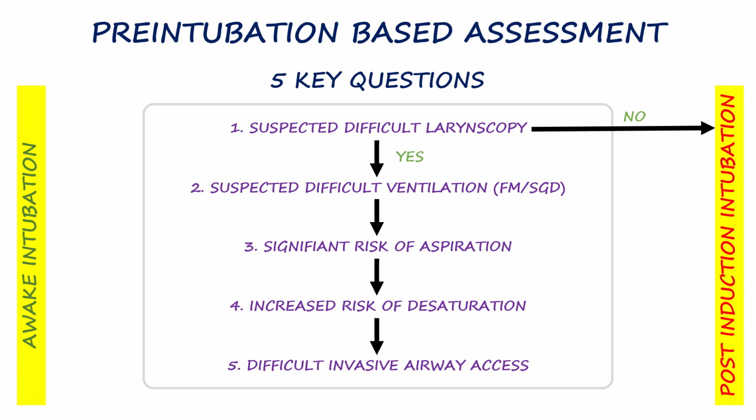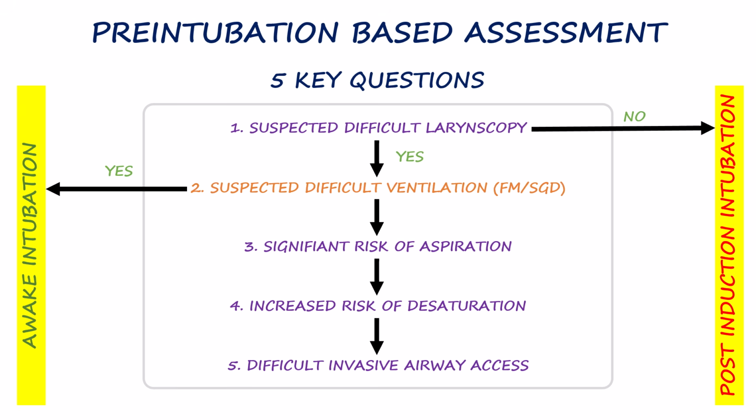Second, we assess the likelihood of difficult mask ventilation or supraglottic airway placement. These techniques act as safety measures for ventilation and oxygen delivery if intubation fails. If these backup measures are not feasible, the patient should remain awake and able to breathe on their own to avoid hypoxia.